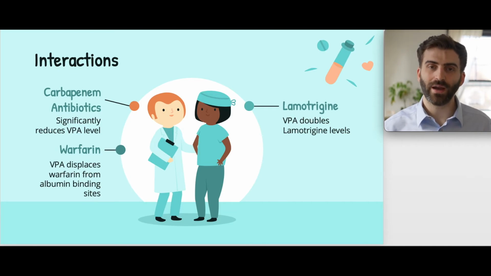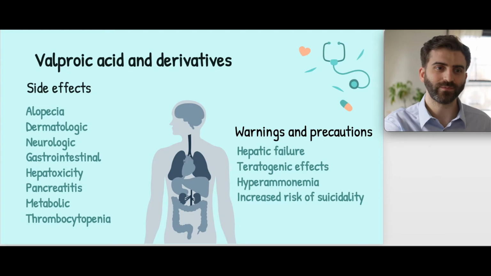In fact, meropenem is used as an antidote. It's so effective at decreasing valproic acid level that it's used as an antidote for valproic acid poisoning and overdose. It can also affect warfarin and lamotrigine, so run drug interaction checks if you're going to use a valproic acid product.